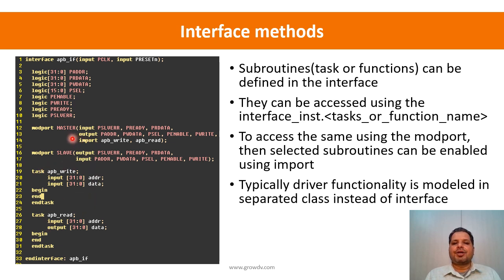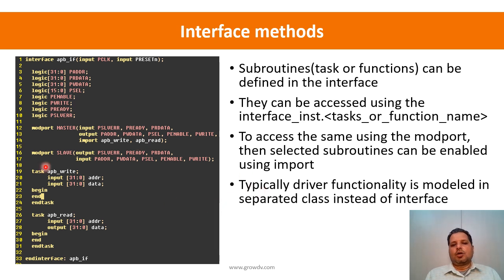So the way I do it is I will say import APB write and APB read. Now when I do this, even when I pass the interface instance through a Modport, within that again I can use that particular instance name, and still I'll be able to use the dot notation to call the APB write or APB read, right?